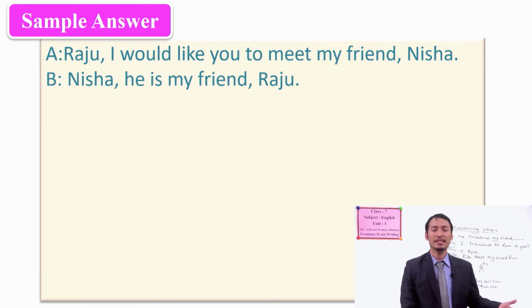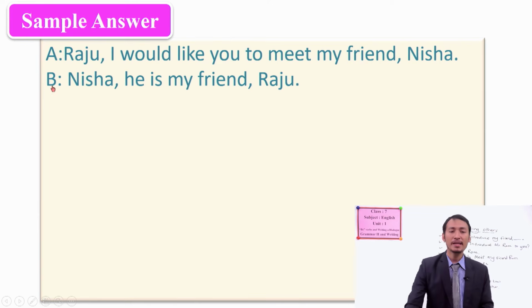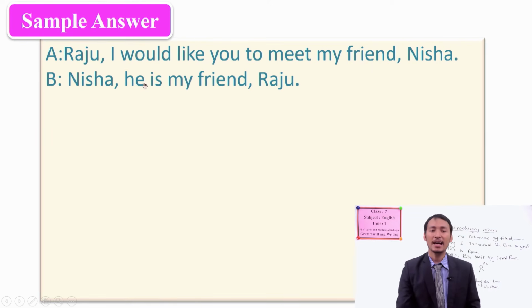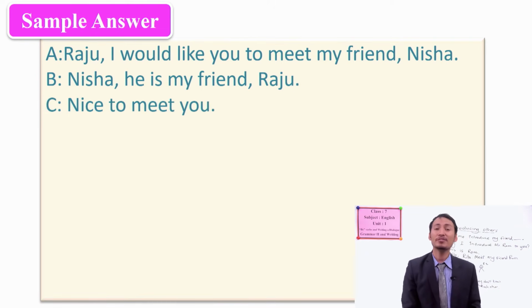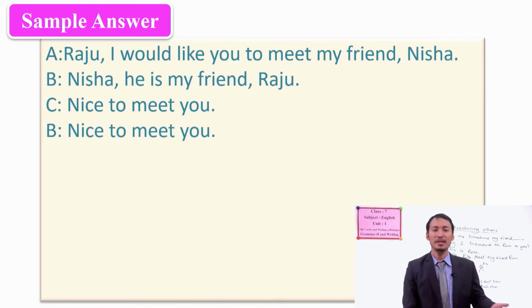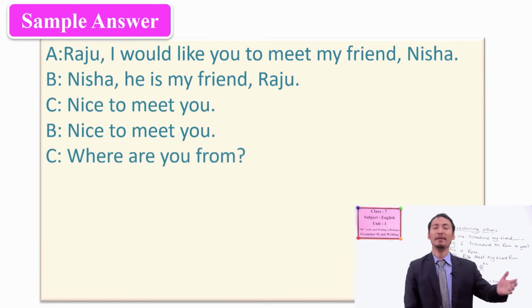B is another friend. A is introducing here. Suppose you are A and your other friend is B, and B will say, Nisa, he is my friend Raju. Now Raju is going to say, nice to meet you. And Nisa will also say, nice to meet you. And they will have another conversation.